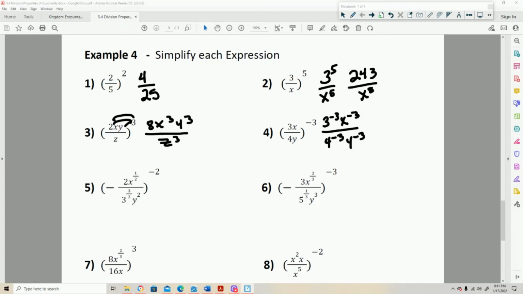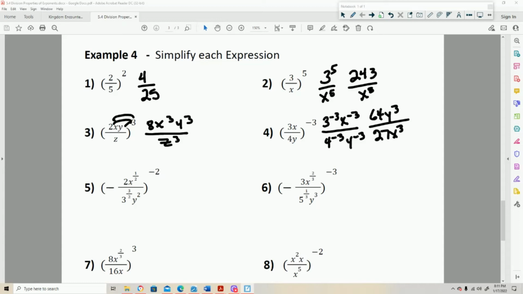The bottom goes to the top. So we're going to rewrite it, and 4 to the 3rd is going to be 64. y cubed on the top. On the bottom, it's 27, and it's going to be x cubed. And we'll just leave this improper, and that's fine. We get y cubed over x cubed.